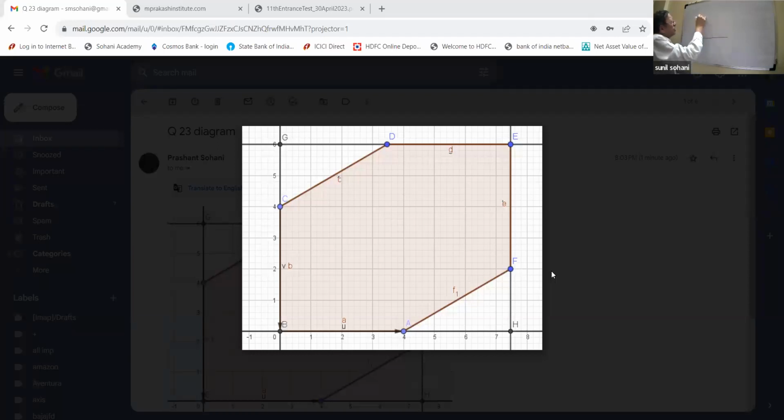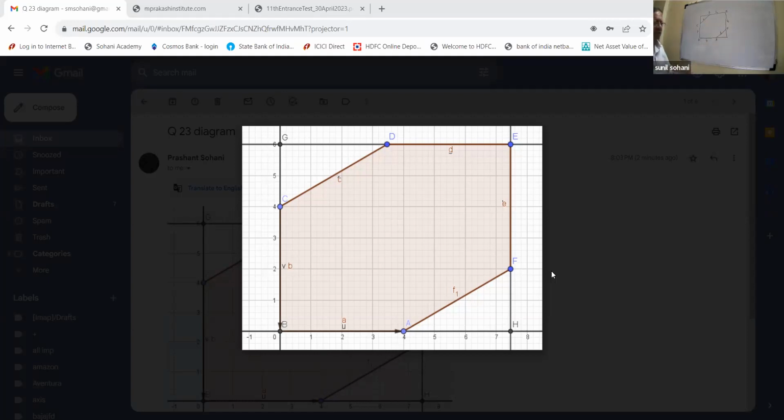By the time, I'll draw the sketch on my whiteboard. So all the sides are 4 units each. So I'm noting them: 1, 2, 3, 4, 5, 6.